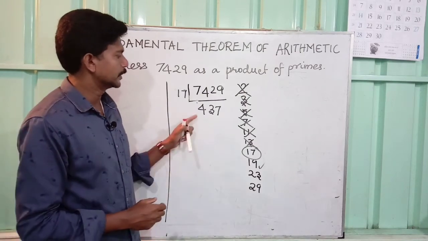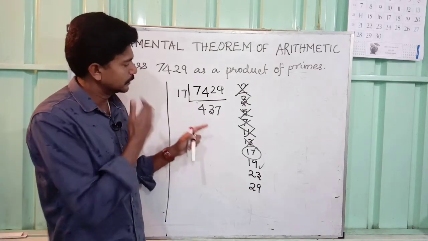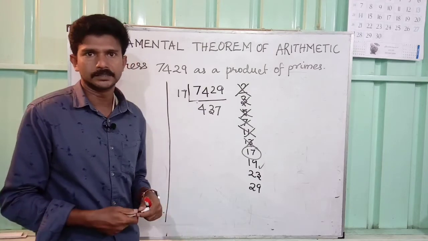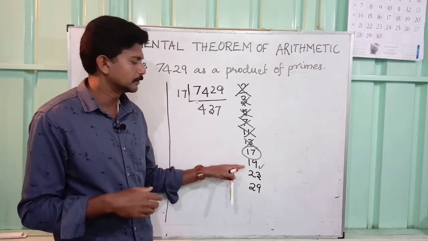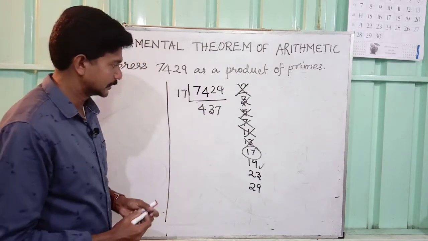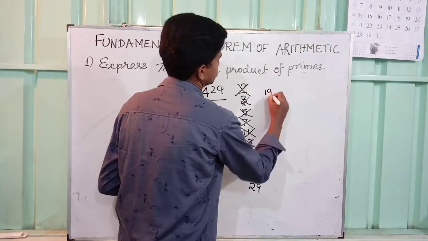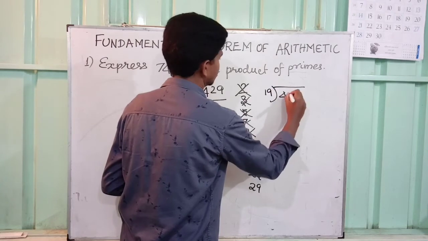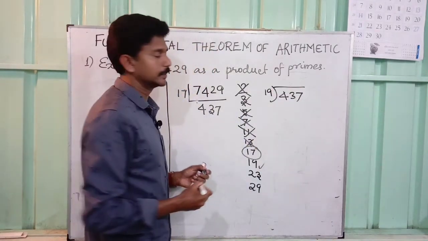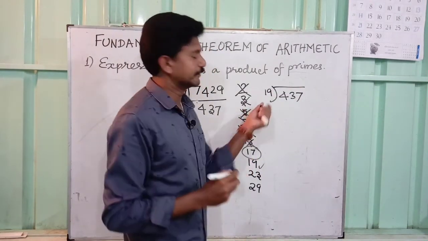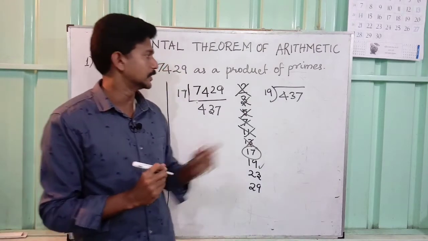So now we have to divide the 437, and we have to try with another factor. So next number is 19. We can try 437 dividing by 19. So we can take 20 as a round off.